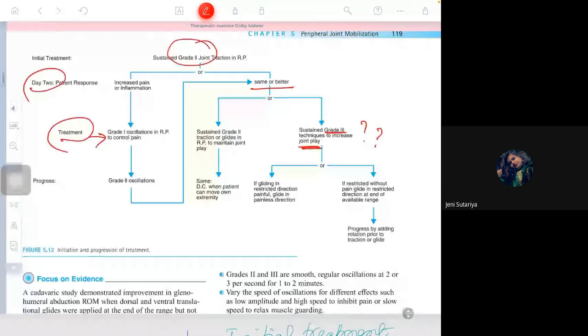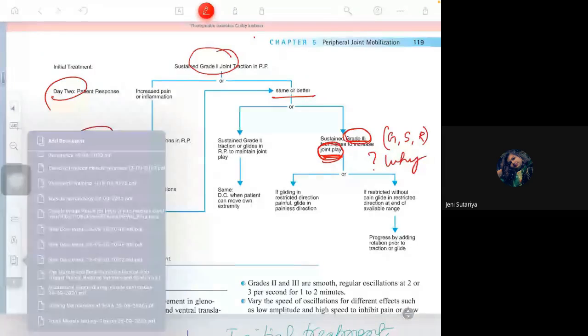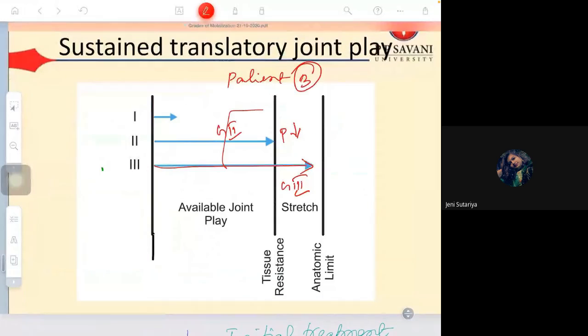What is joint play? Joint play is gliding, spinning and rolling. When you give grade 3 mobilization, joint play will increase. How and why? Because in grade 3, what is happening?